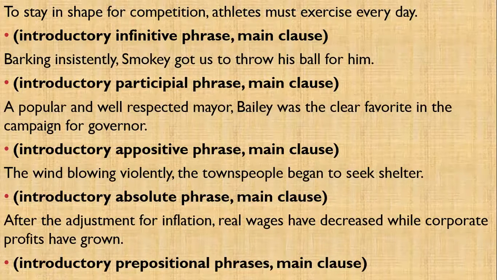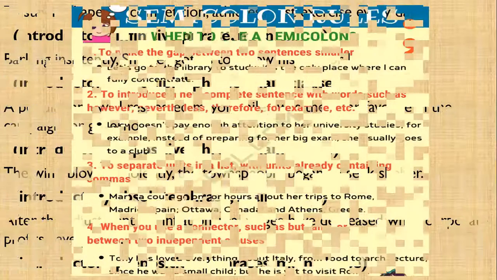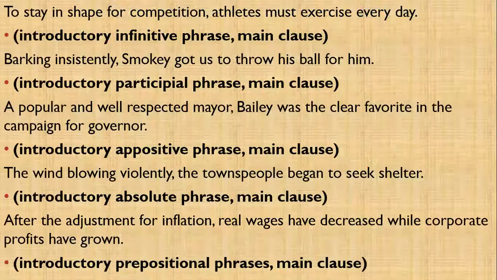Number two, barking insistently, Smokey got us to throw his ball for him. Which one is the introductory participial phrase? Barking insistently. That is the participial phrase.